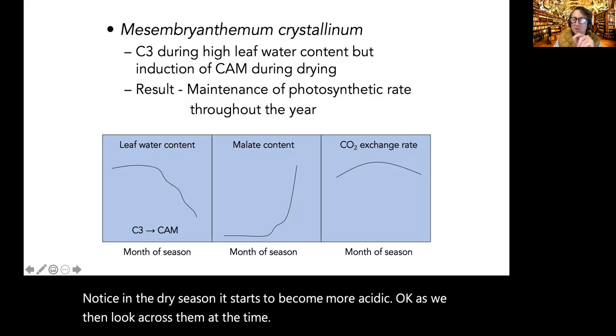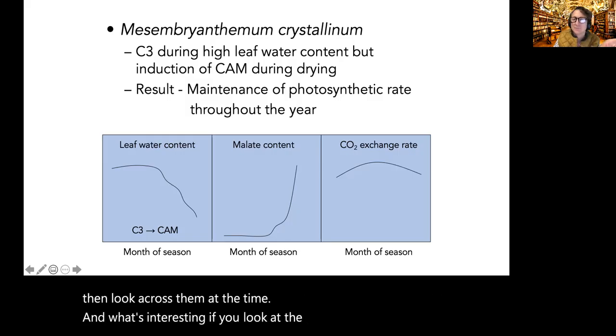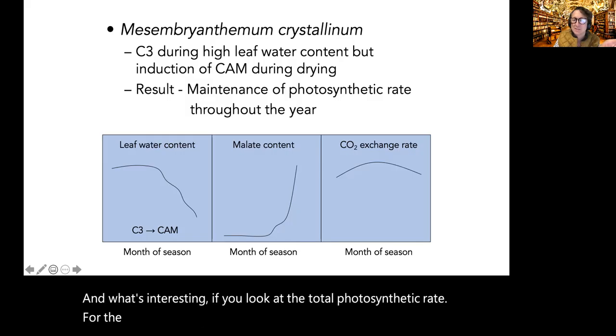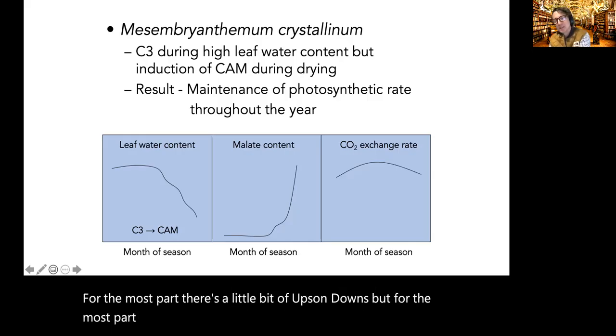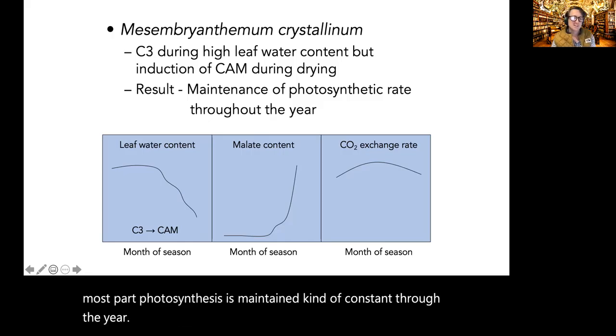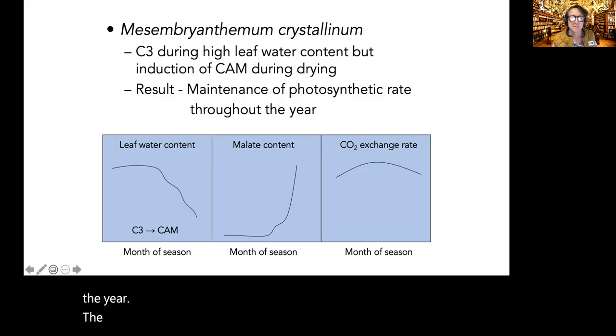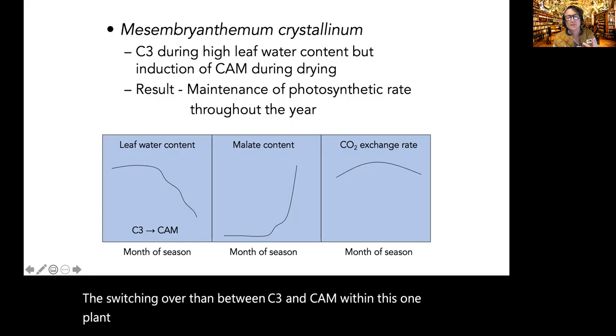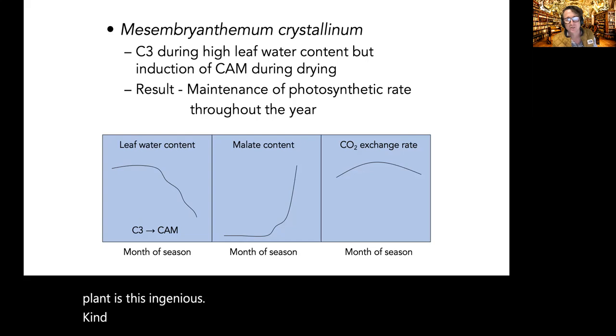And what's interesting, if you look at the total photosynthetic rate, there are a little bit of ups and downs, but for the most part, photosynthesis is maintained constant through the year. So this switching between C3 and CAM within this one plant is an ingenious way that natural selection has dealt with highly variable seasonality.